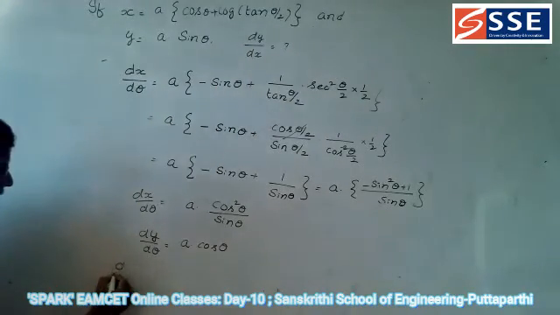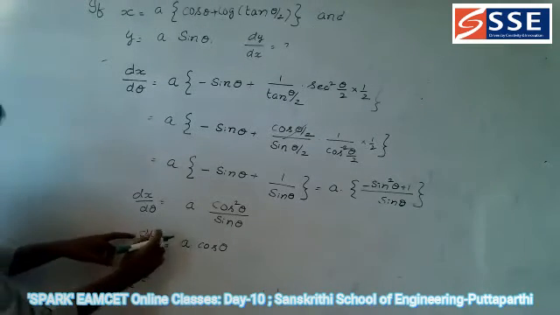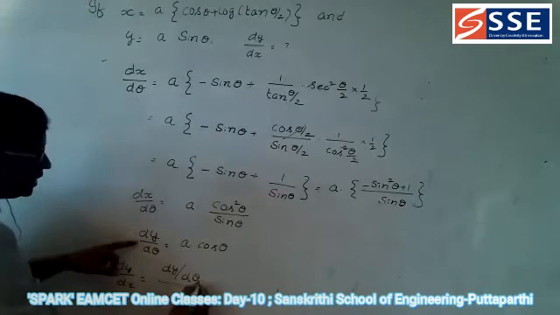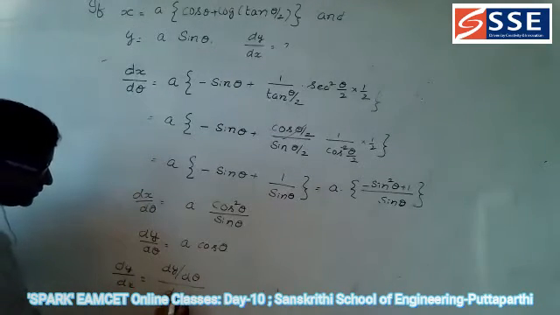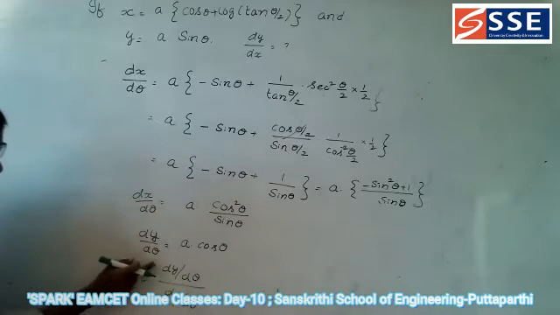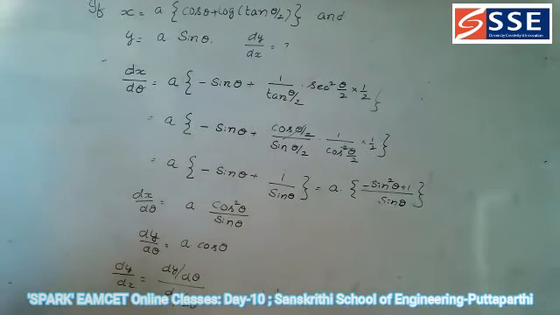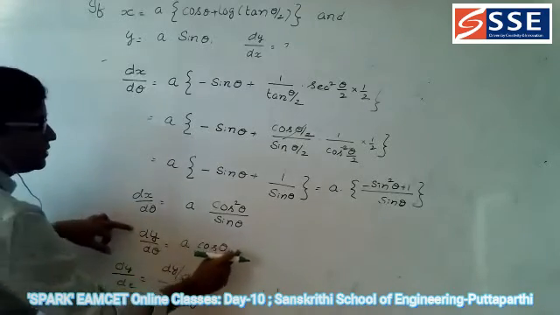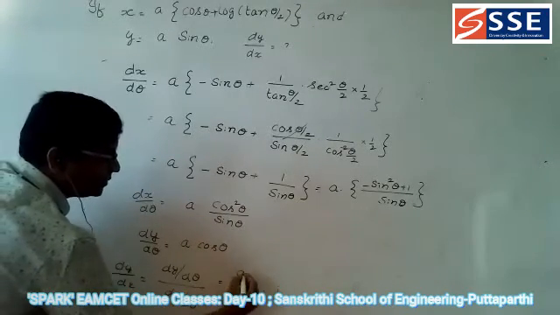Okay. Now we can go for what we are going to find, dy by dx. So dy by dx is equal to dy by d theta divided by dx by d theta. If you simplify and bring it up, d theta gets cancelled and you get dy by dx only. Means this term divided by this term. What it becomes?